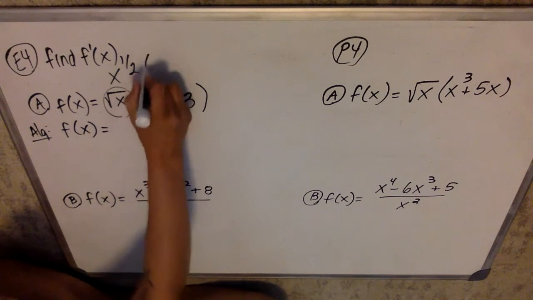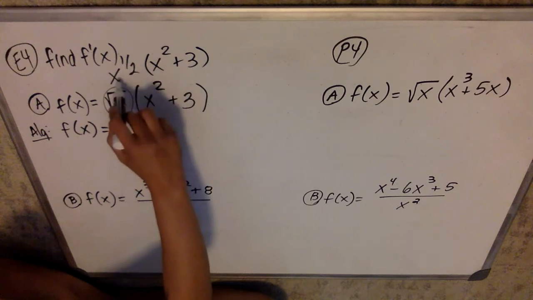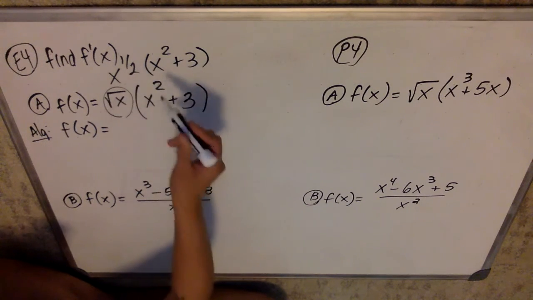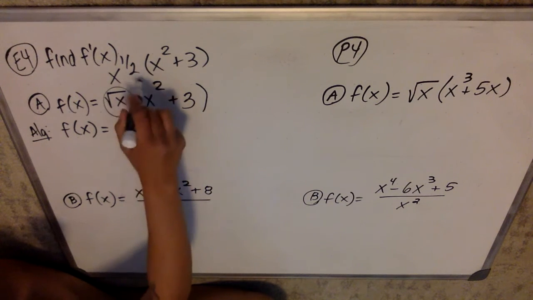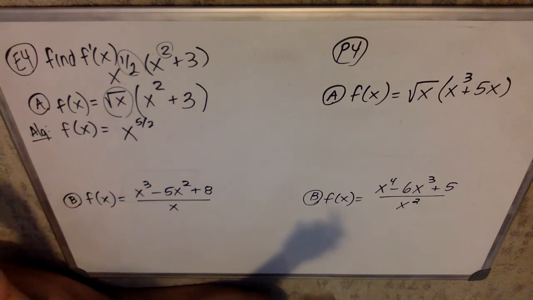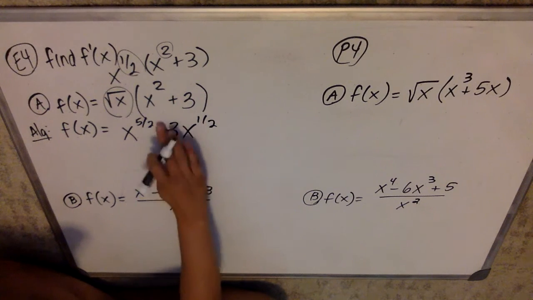When I distribute this x to the 1/2 to an x squared plus 3, when you multiply two exponential expressions with the same base, you add their exponents. So my exponent is going to become an x to the 5 halves, right? Because 1/2 plus 2 is 1/2 plus 4 halves, which is 5 halves, or 2.5, plus 3x to the 1/2.